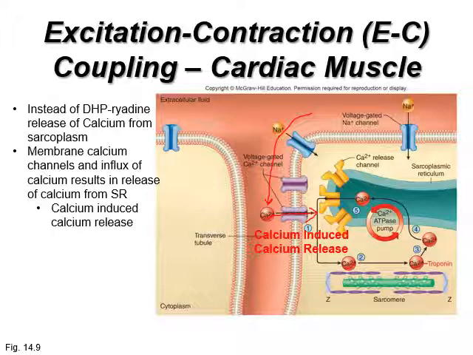And that calcium increase is actually going to cause the release of calcium from the sarcoplasmic reticulum. So this is what we call calcium-induced calcium release. Most characteristics are the same because they have sarcomeres, but the difference is the EC coupling, and it's not the DHP receptor, it's calcium-induced calcium release.